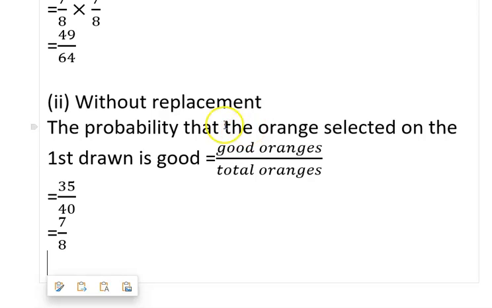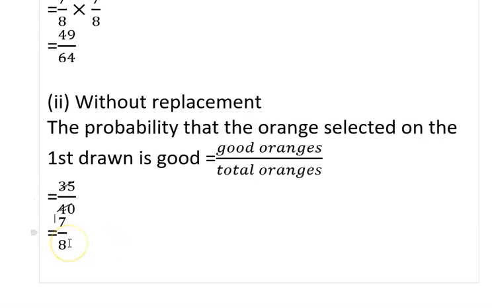Beautiful. Now the probability that the orange selected on the first drawn is good will be good oranges over total oranges that we have here. Good oranges, they are 35. Total oranges, they are 40. By implication, it means if we say 5 will go here, we'll have 7. 5 will go here, we'll have what?